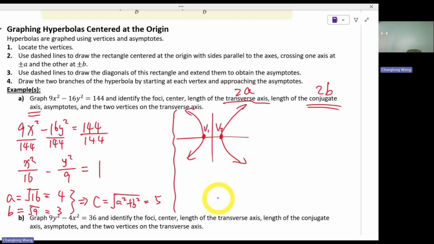But whether it is an ellipse or a hyperbola, the vertices and the foci will always line up. There's no way you can get these on the vertical axis in this case. It's a horizontal opening hyperbola. So you have F1, F2. Now, how far is a vertex away from the center?